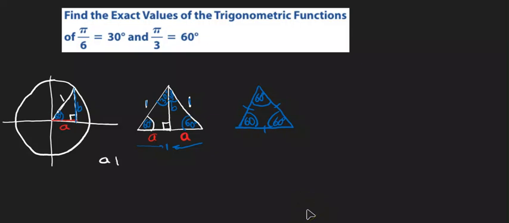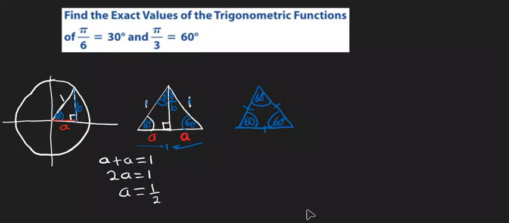A plus A is equal to 1. Now we have 2A equal to 1, and then we can find A to be 1 over 2.